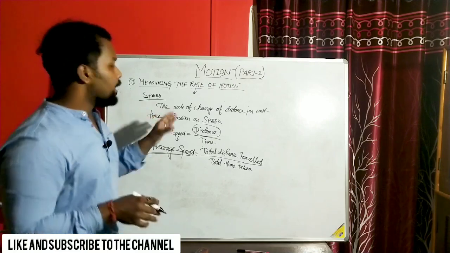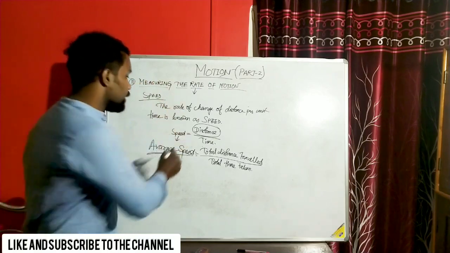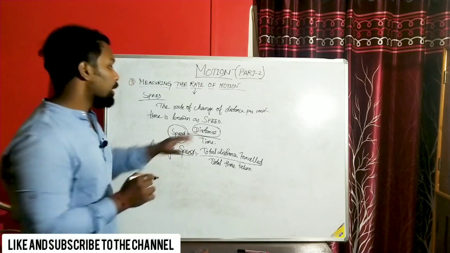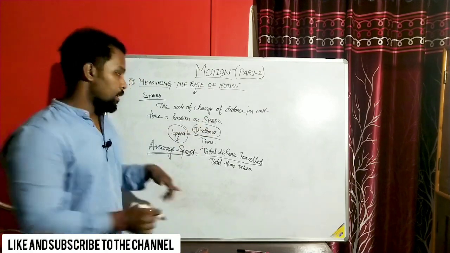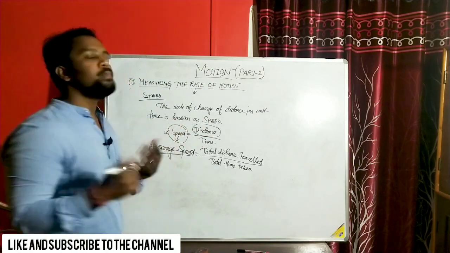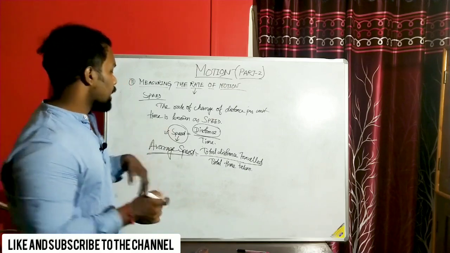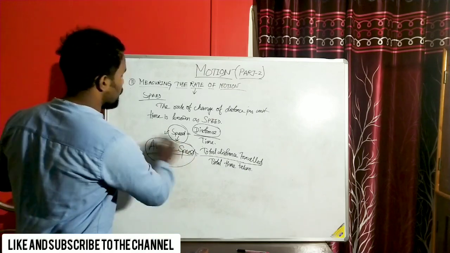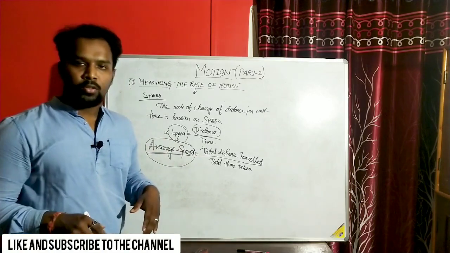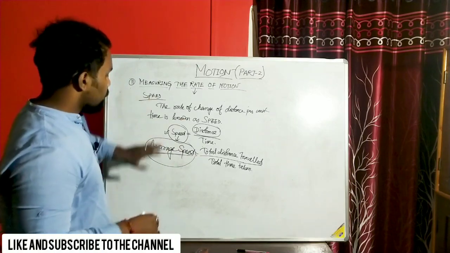If we deduce another quantity depending on a scalar quantity, this new quantity will obviously be a scalar quantity. So again, average speed is also going to be a scalar quantity. Understood?